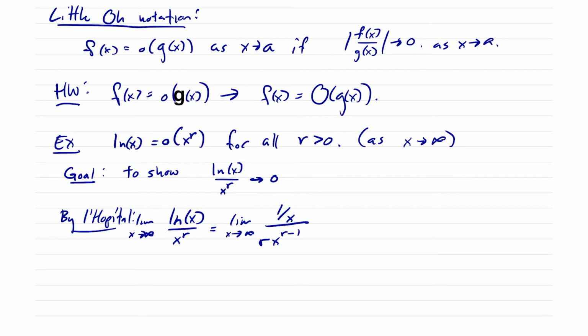Okay, and so that gives us the limit as x goes to infinity of 1 over r times x to the r, and this goes to 0. And so there we go. I think that's a pretty good example to start off with.